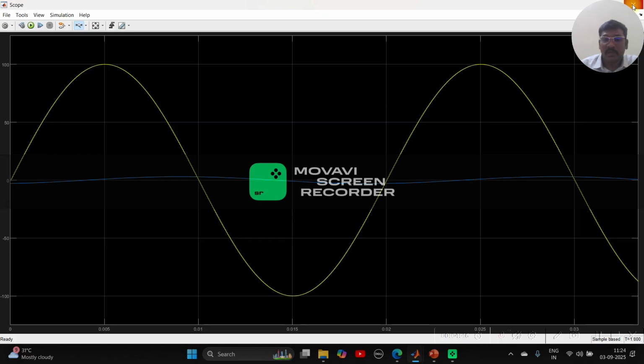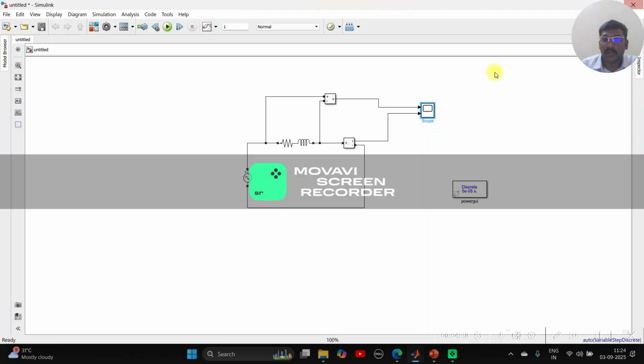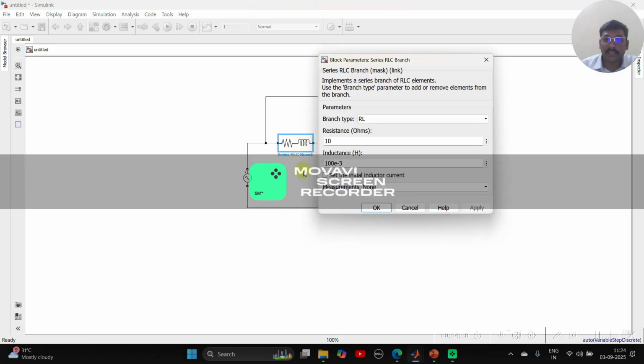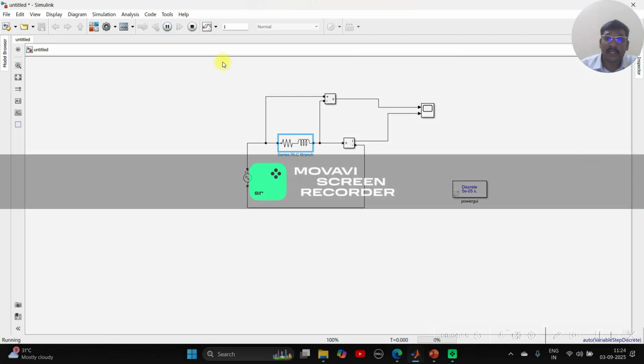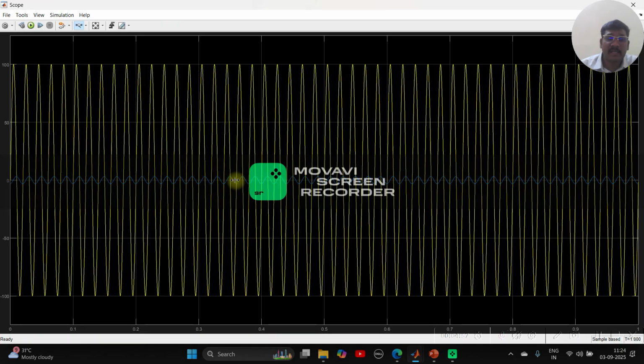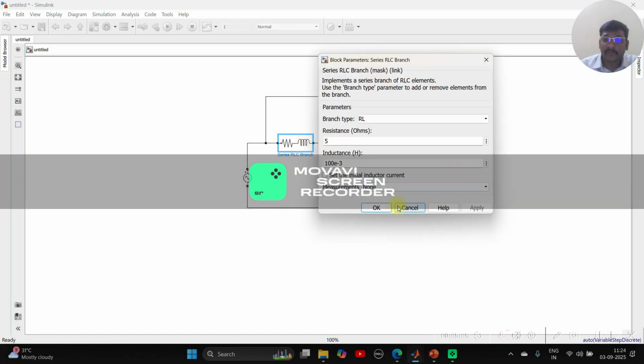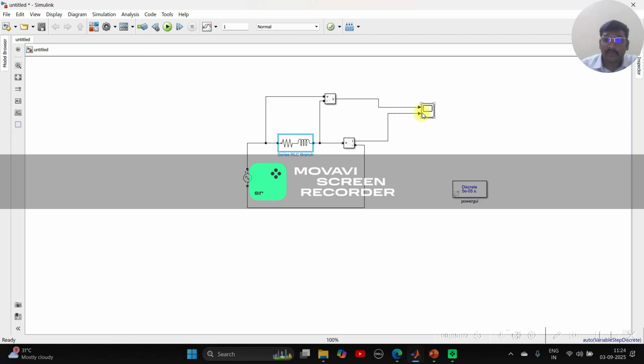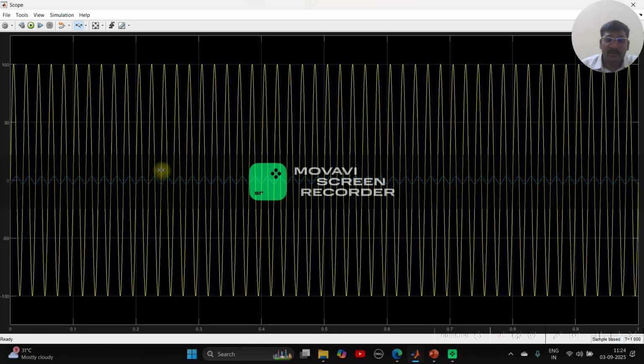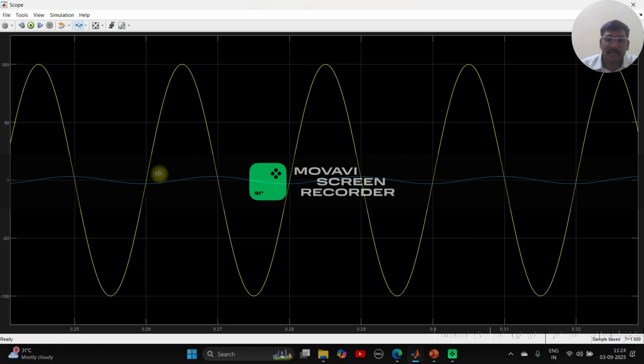If you want to see the waveform more clearly, you can reduce the resistance value to 5 ohm. That will double the current, and now we can clearly see the waveforms. Okay, so here you see there is a phase angle difference.